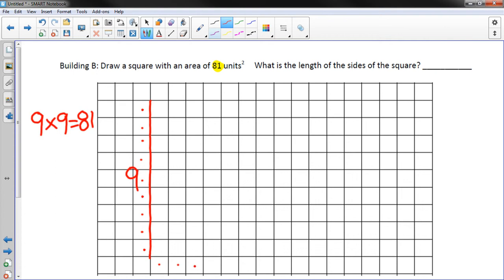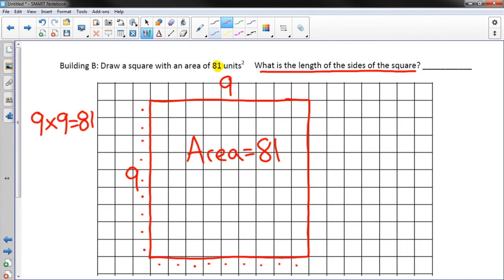One, two, three, 4, 5, 6, 7, 8, 9. Alright, let's close my square up. This dimension is 9. So the area inside of this is 81. What is the length of the sides of the square? Well, the length is 9 units. And this would be units squared.